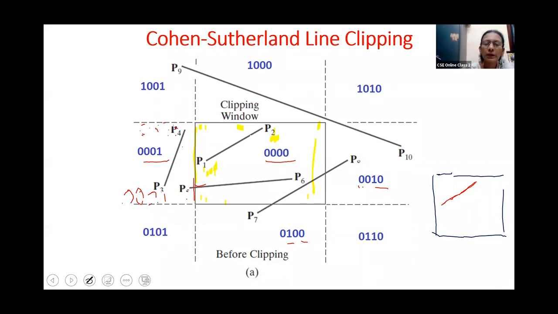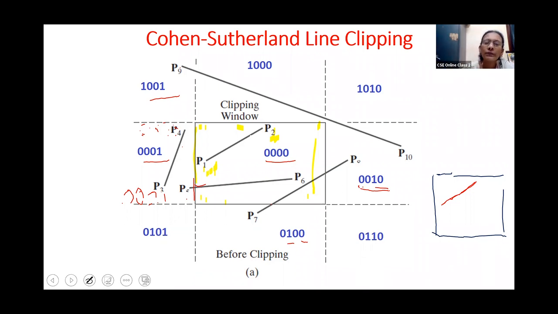The line is intersecting some of the boundaries of the clipping window, so we have to find the points of intersection and then decide. Same way, if you take P9, P10, P9's code is 1001, P10's code is 0010. Again, we will not be able to decide whether it is inside or outside. It depends on where it is intersecting, so we have to find the points of intersection and find out.